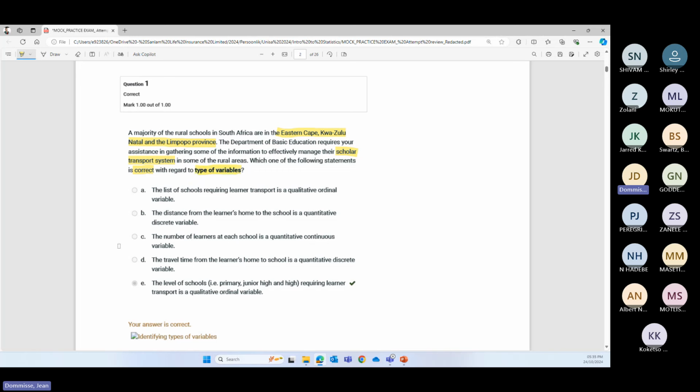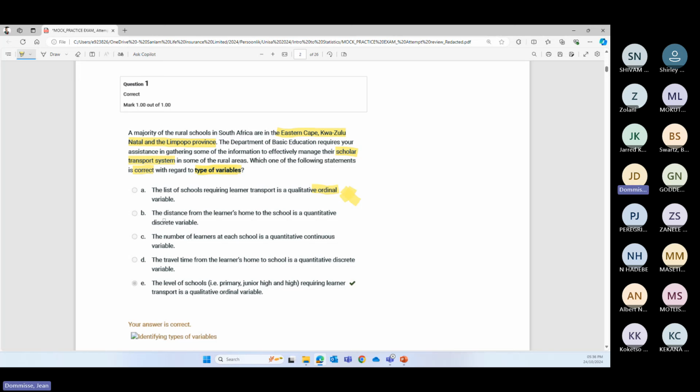Okay, so the list of schools requiring learner transport is qualitative ordinal variables. Just by ordinal, we know it's incorrect because there's no order in the list of schools. So that already one can see is incorrect.